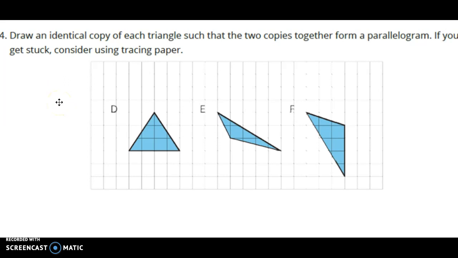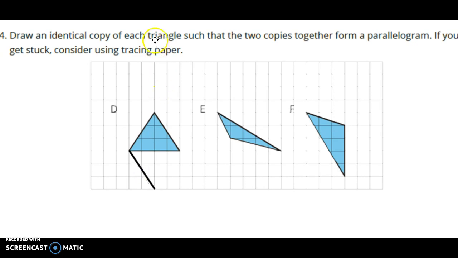4. Draw an identical copy of each triangle such that the two copies together form a parallelogram. If you get stuck, consider using tracing paper. So I think the easiest way to do this is to take a line that is the same as one of the sides and simply move it to the other side.